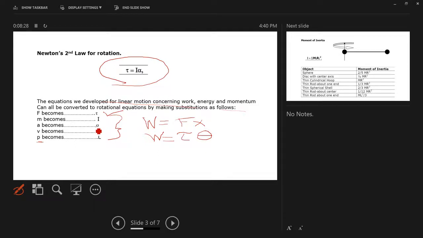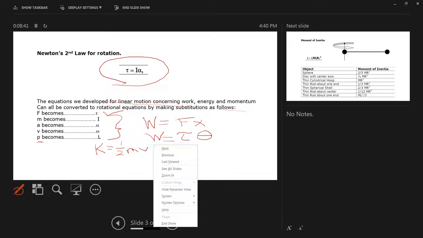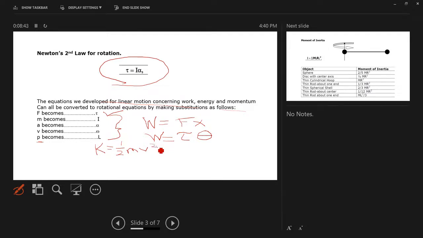So for instance, kinetic energy, 1/2 mv squared. We want to keep the same form, so for rotational motion, we replace m with I, and we replace v with omega.